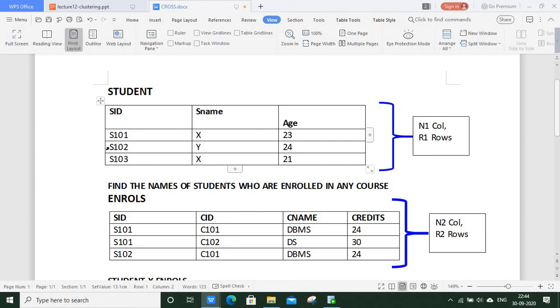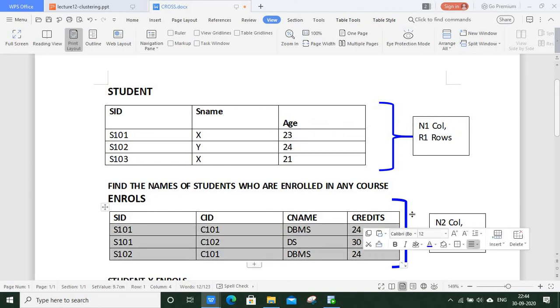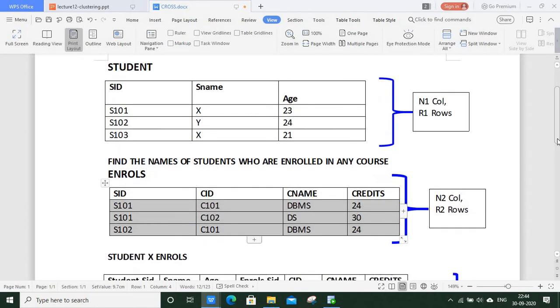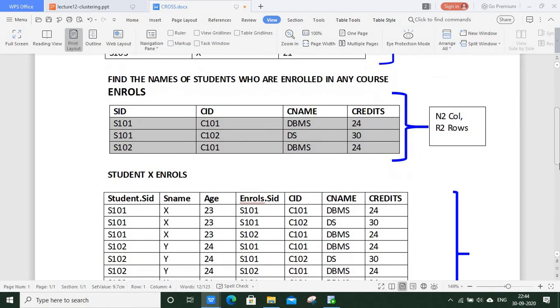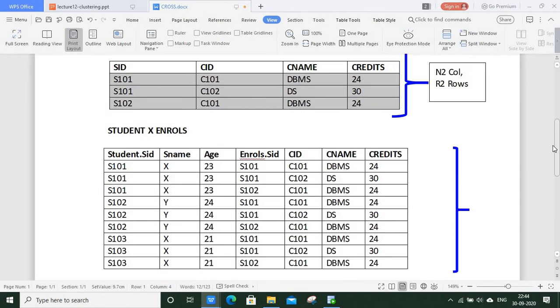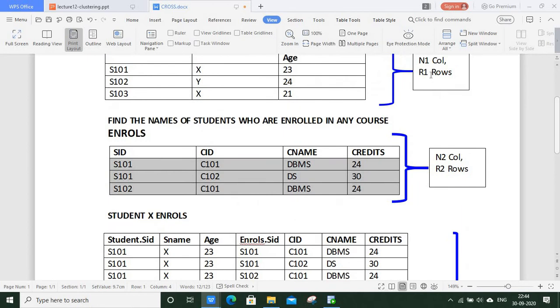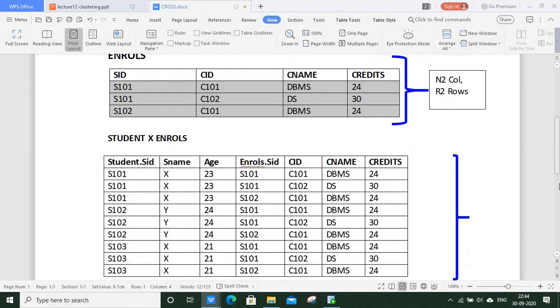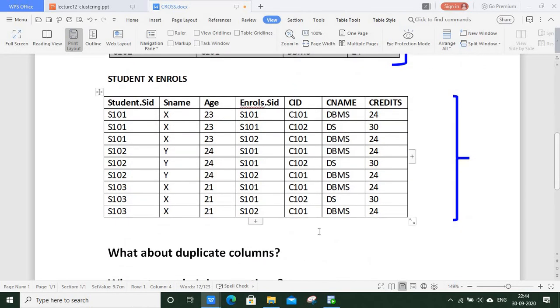We take the next row from the first table, and that is paired with all the rows present in the second table, and this process goes on. If we have R1 rows in the first table and R2 rows in the second table, then we will have R1 multiplied by R2 rows in the cross join of these two tables.